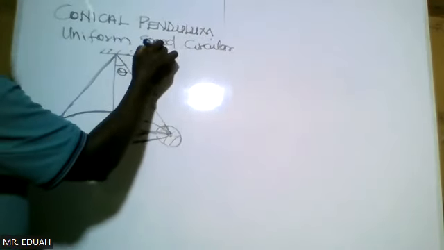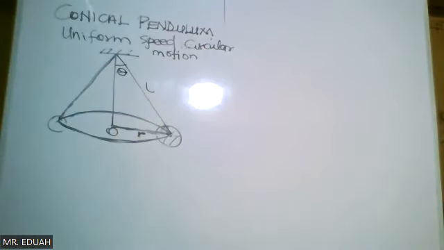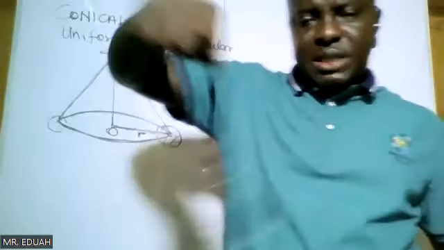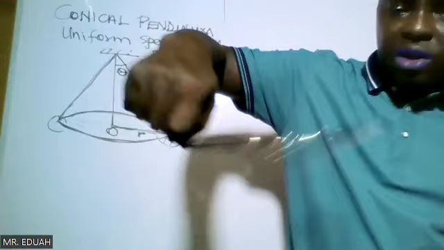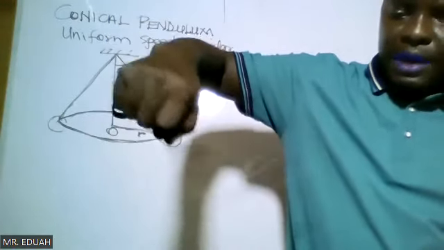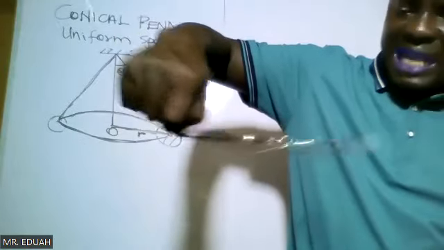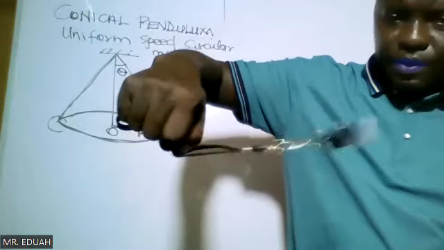You understand why it is uniform speed circular motion. But that is different from this horizontal circling or revolution, where the string makes an angle of 0 degrees with the horizontal. Okay. So this is an example of horizontal revolution.